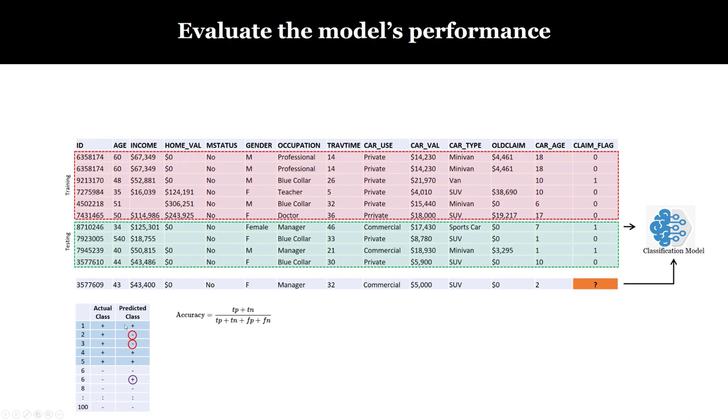So by detecting nothing, just putting all negative, I'm getting 95%, and that's not accurate. In this case, I'm getting 97%, but it also does not reflect how powerful the model is, because 2 out of 5 of the positive class are detected wrongly.